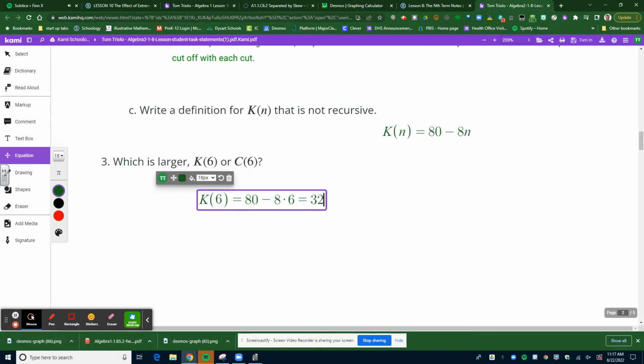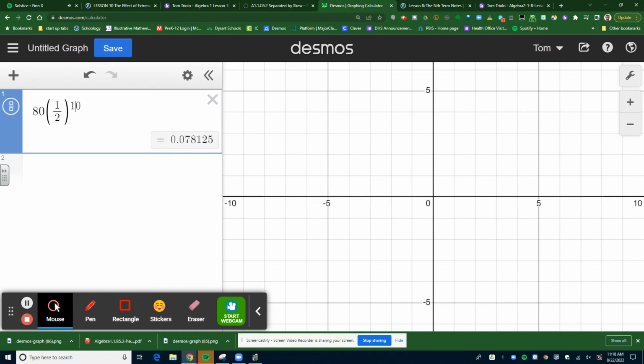That's something we could see physically. And then C of 6, you can either use the recursive definition, but if you use the recursive definition, you just have to keep taking half. Or you can plug it into the formula, which we did already with Desmos. Just change your 10 into a 6. And it's relatively small.